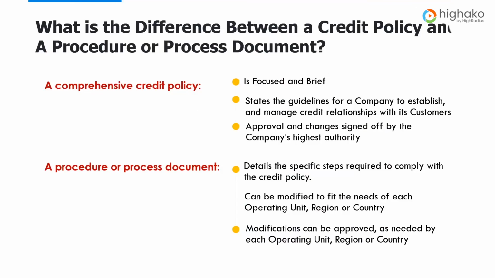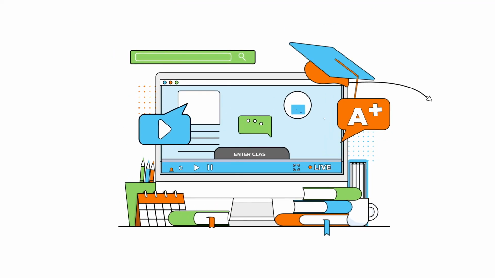And changes in procedure or process can be approved at a local level. Changes in your policy are much more formal and require the highest level of your company to sign off on those changes.